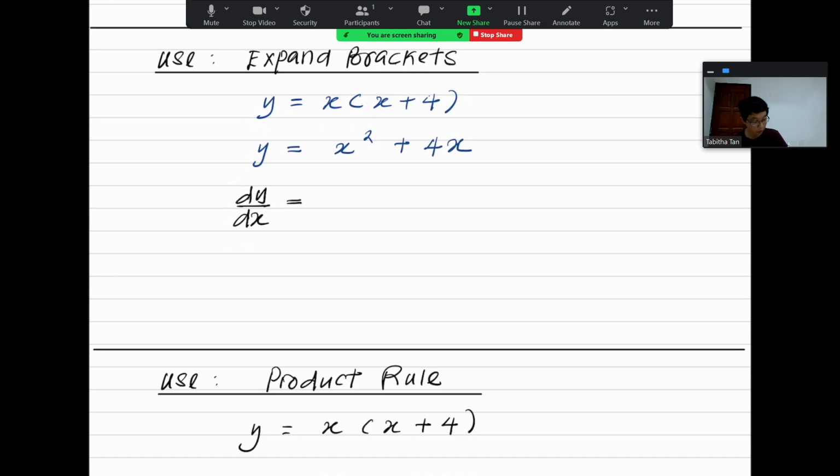So that will give us 2x. Then we do the same thing here, differentiate this, then 1 minus 1 becomes 0. So 4 times 1, and that is the answer. This is the simplest form. This is the option if the question does not explicitly say that you must use the product rule.